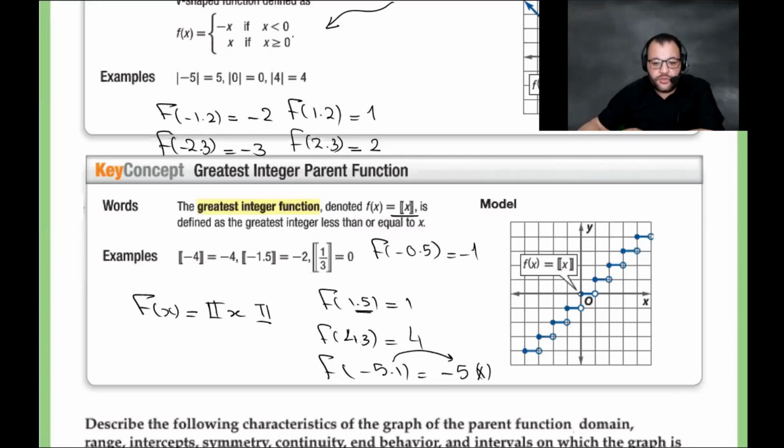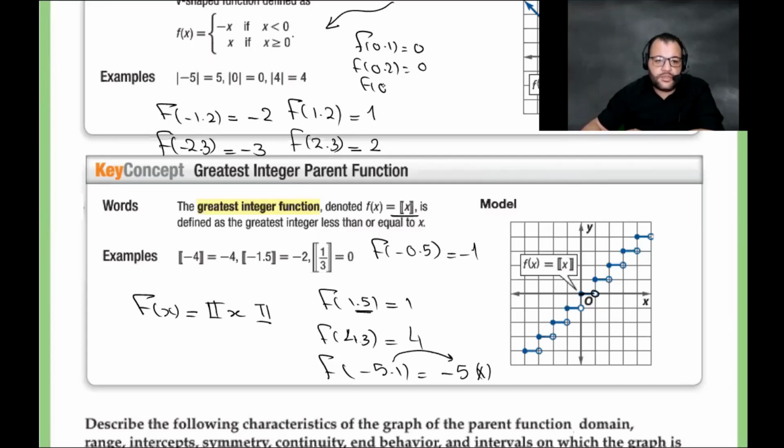To graph the function, we start from the origin point 0, 0. That will be closed. Then we are going to be open, because if you choose any number from 0 that is smaller than 1, it will be equal to 0. F of 0.1, the answer is 0.